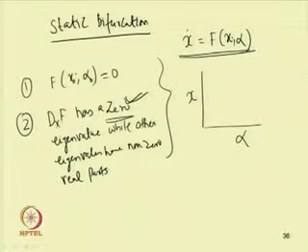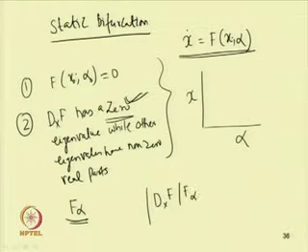To distinguish the saddle node bifurcation point from other bifurcation points, we should find f alpha, which is the differentiation of f with respect to alpha. Then let us construct a matrix with dxf and f alpha.